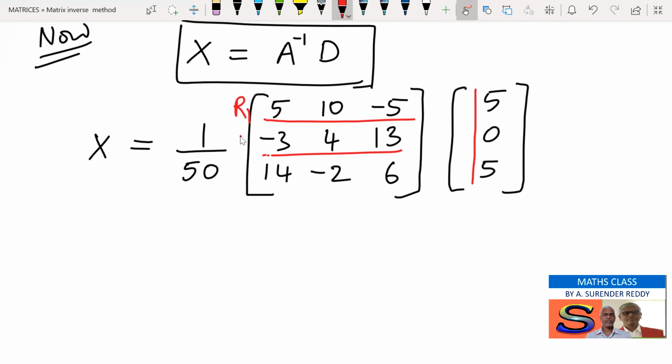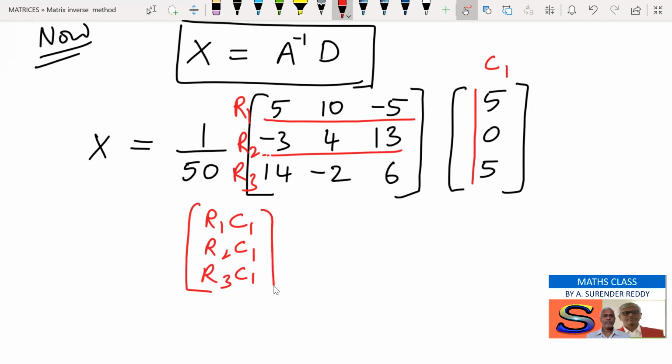There are 3 rows in the first matrix and 1 column in the second matrix. So the multiplication will be R1C1, R2C1, R3C1. So this is the method of multiplication.